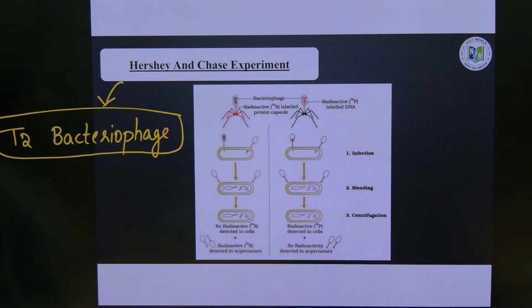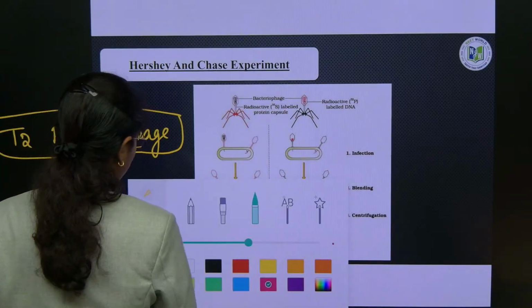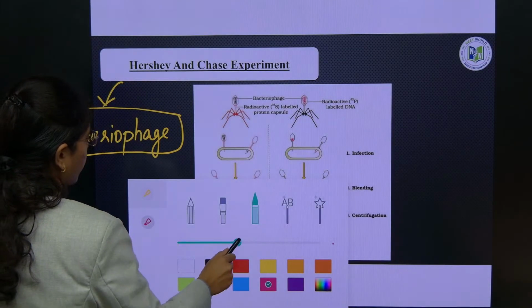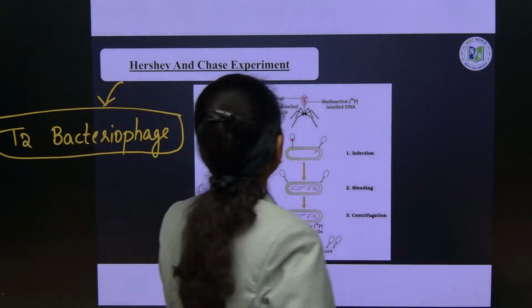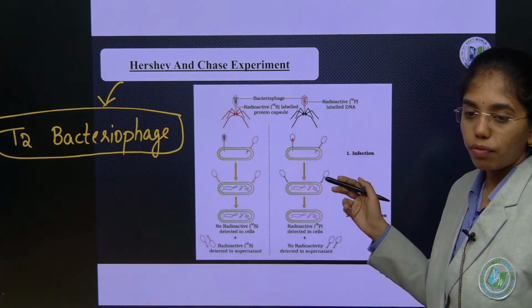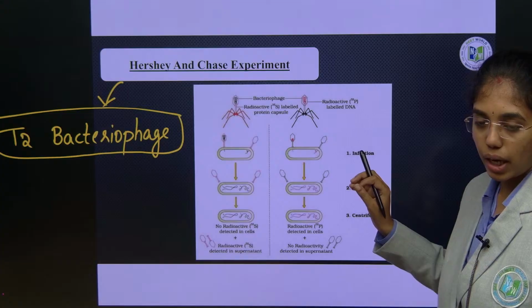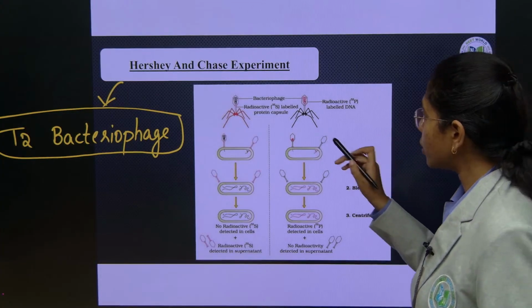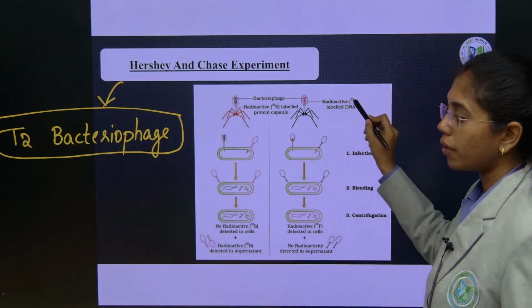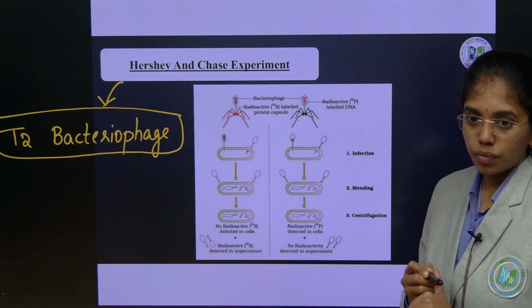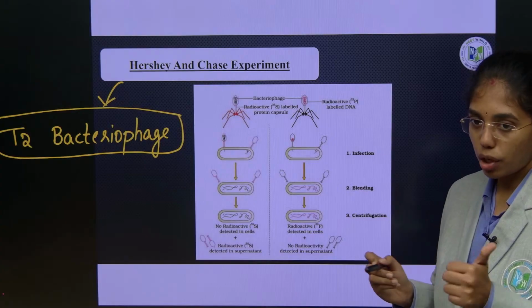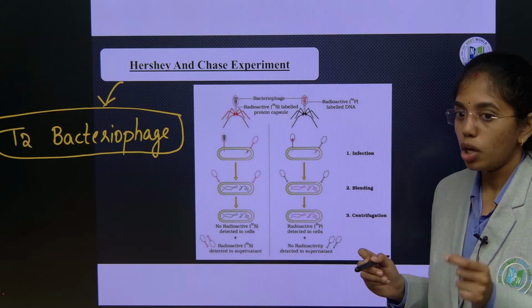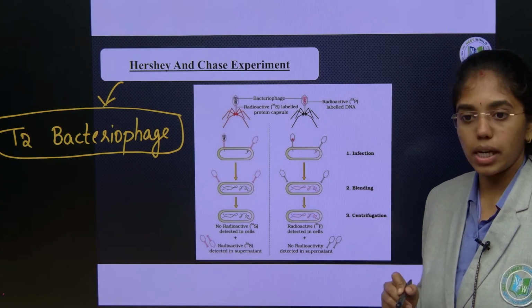You know a bacteriophage infects bacteria and has genetic material and a protein coat, right? The genetic material consists of phosphoric acid. Each nucleotide is a combination of phosphate, nitrogen base and sugar. So phosphate is present in the genetic material.